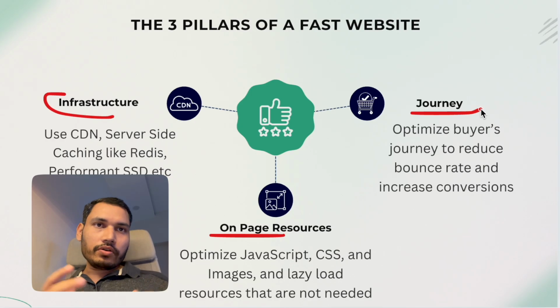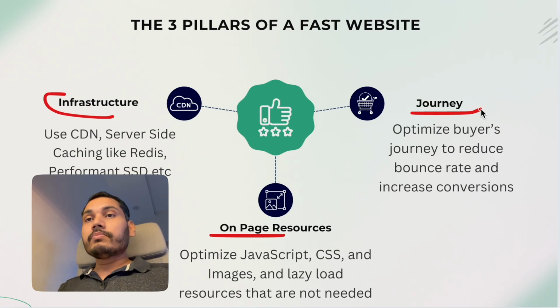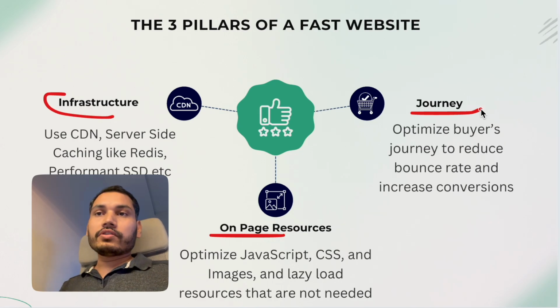So the DTC store especially involves high navigation rates, where consumers move around your website, checking different pages, different variants of the product, and coming back and forth to the product listing page and product details page. That's where it becomes important to optimize your user's journey to reduce the bounce rate and increase conversions.